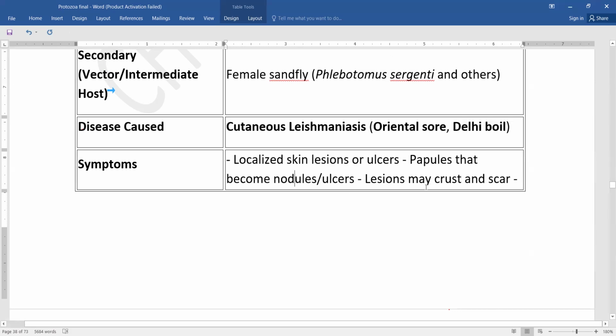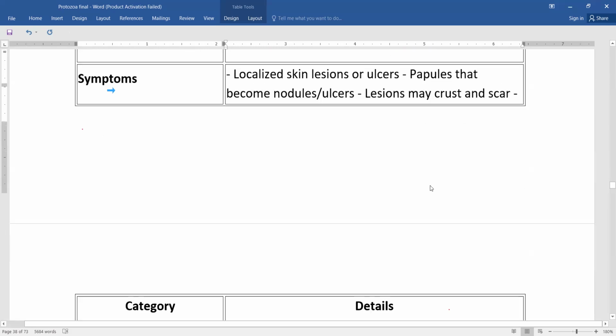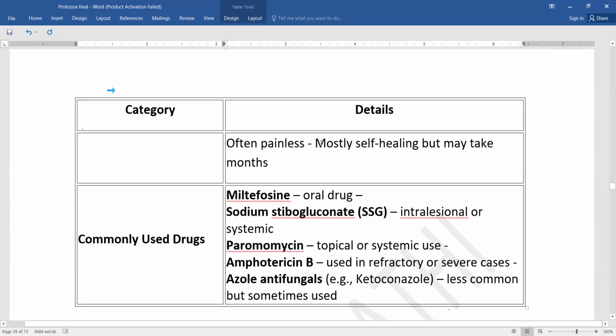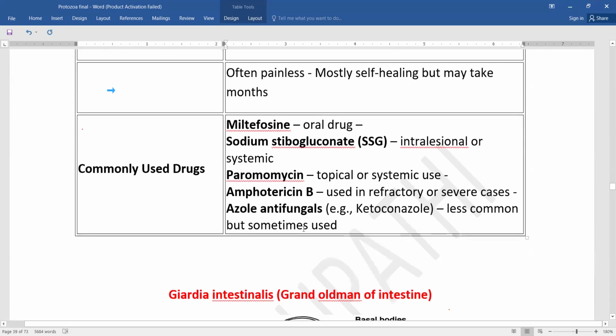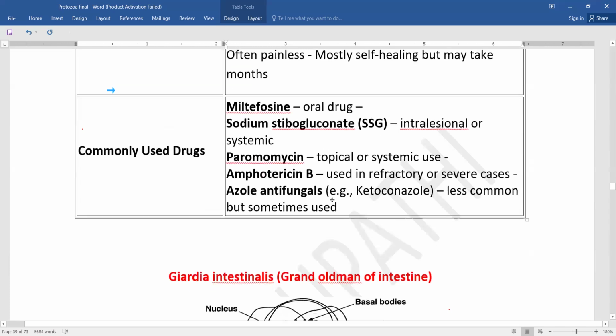Lesions may crust and scar, are often painless, and mostly self-healing, but may take months. Anyway, so these are the drugs: miltefosine, SSG (sodium stibogluconate), paromomycin, amphotericin B, and azole antifungals. So these are the common drugs.